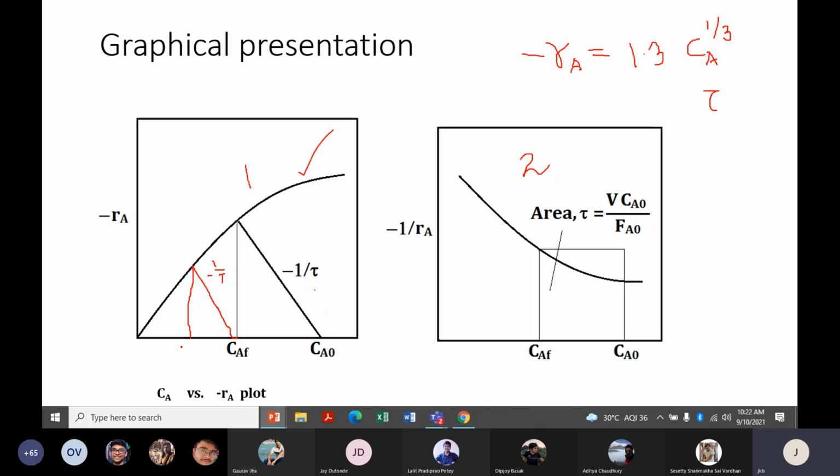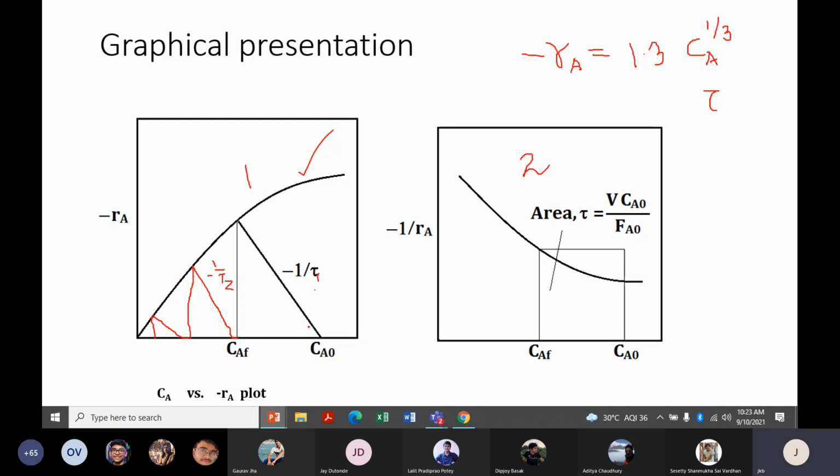You will learn from this that if we have the rate kinetics, we can plot the rate equation in terms of concentration and draw the line starting at CA0 with a slope of 1 by the space time of the first reactor. Now mind that the reactor sizes may not always be the same. If the first reactor has tau 1, the second may have tau 2, and then the slope will be different. The third reactor may have another slope, say tau 3. In this way we can reach up to a very small concentration, that is, a high conversion.